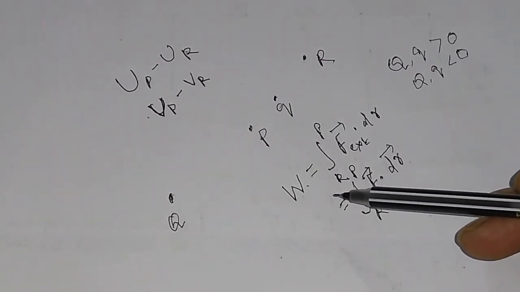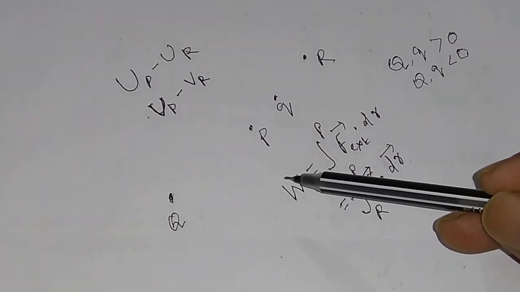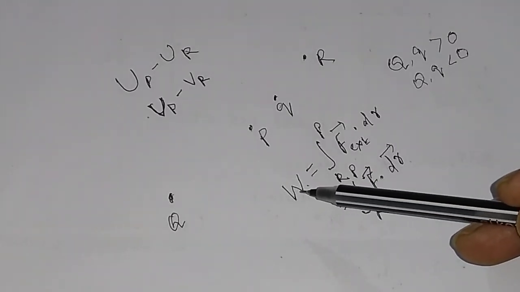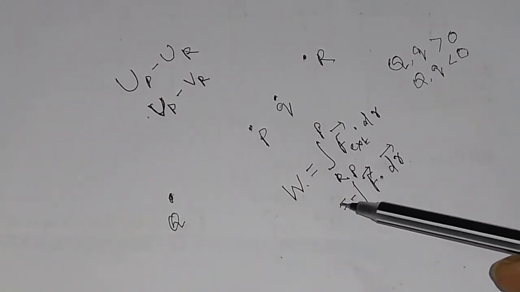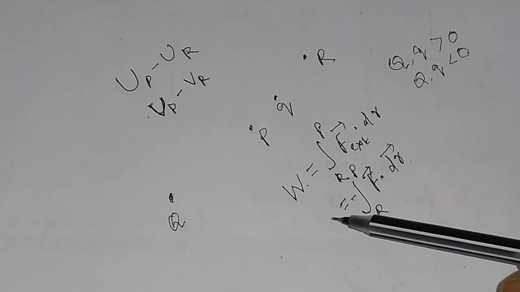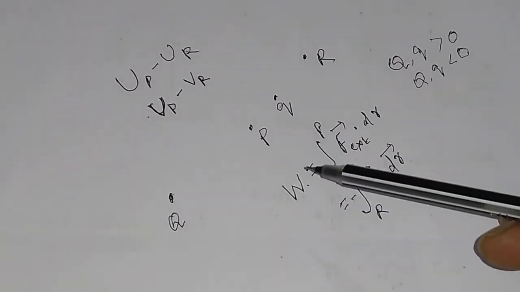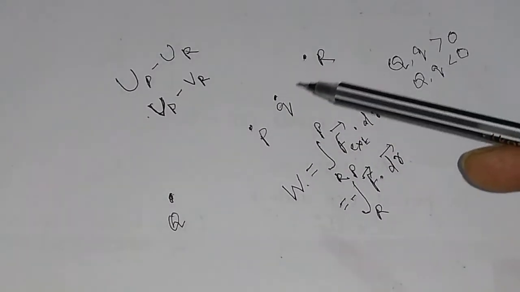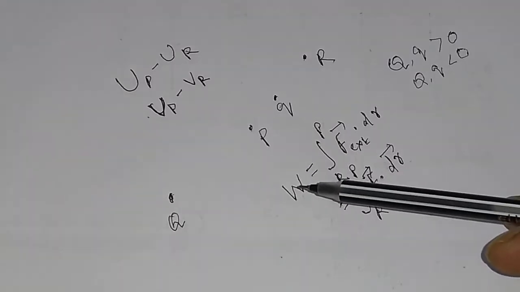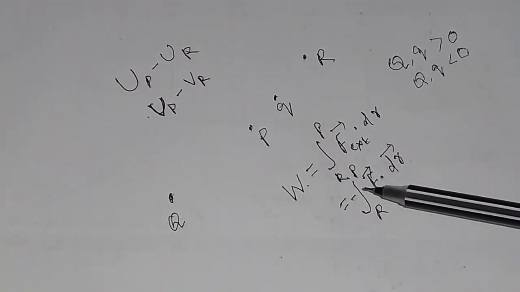So how can you define the electrostatic potential energy? Because we know the amount of work done is equal to the potential energy. But how do we define electrostatic potential energy in terms of work done? We can define electrostatic potential energy or potential energy difference between these two points R and P as the work done in moving a charge from R to P against the electrostatic force of repulsion.